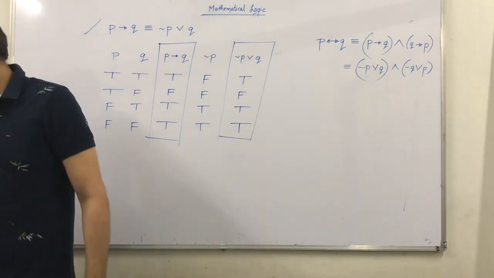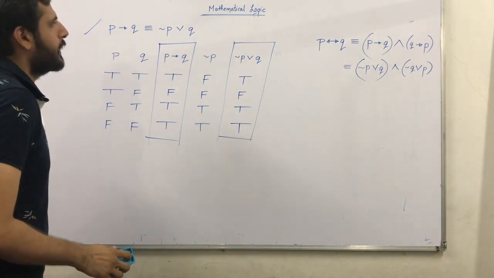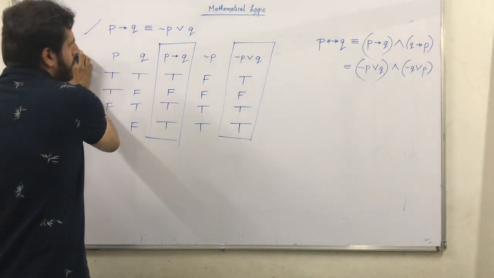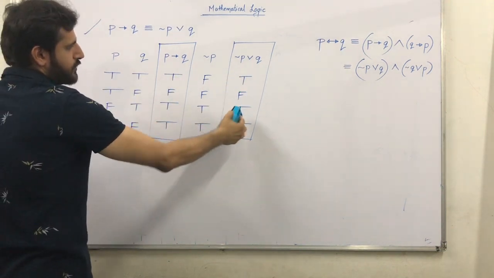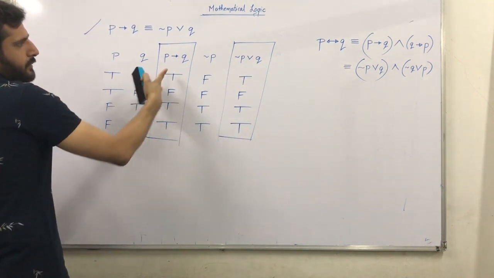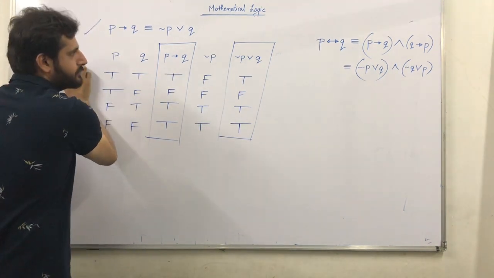Important result, it will be used in future. Okay, so this is one thing. P implies Q, negation P or Q, they are logically equivalent.